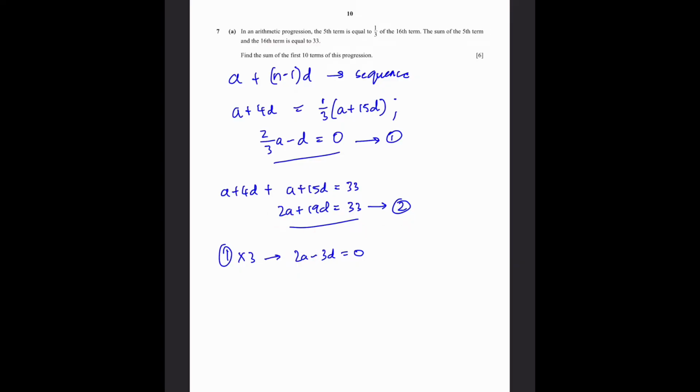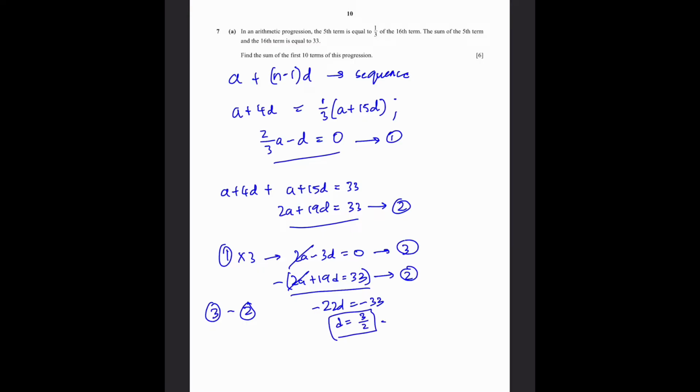So let's just label this equation as 3, and we can write the second equation right below it. Now, when we do 3 minus 2, we can cancel out the a's. The two a's will cancel, and then negative 22d is equal to negative 33, and d is equal to 3 by 2.